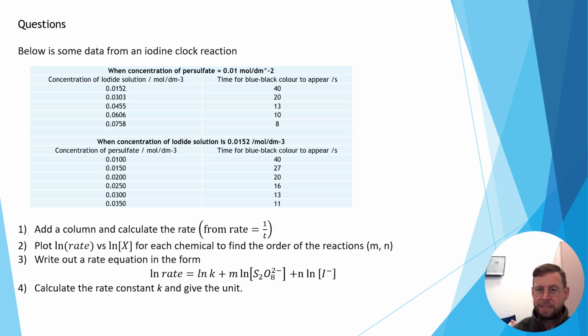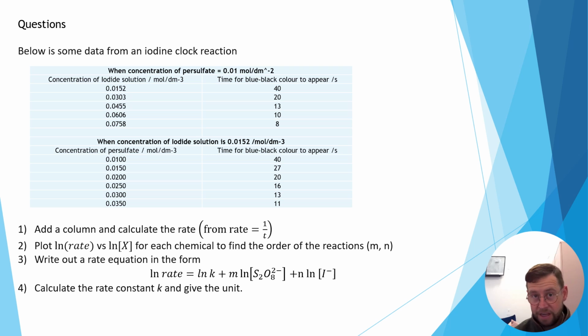Now for that first set of data, remember that if we froze and kept constant the concentration of the persulfate, then all we are interested in is to see how the rate of reaction is dependent upon the concentration of the iodide. So doing a log rate versus log concentration of the iodide would give us the order of the reaction n from the gradient of that graph.